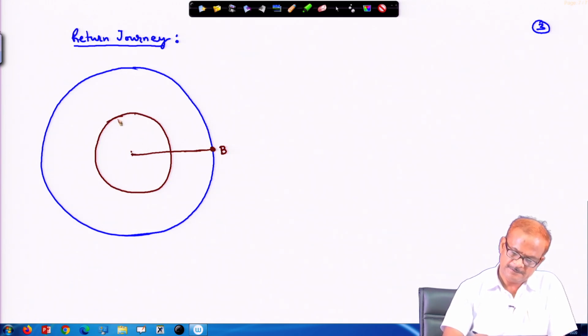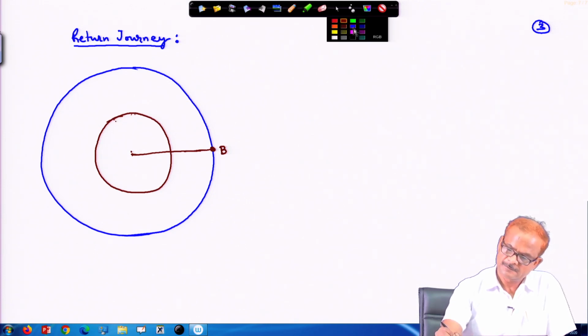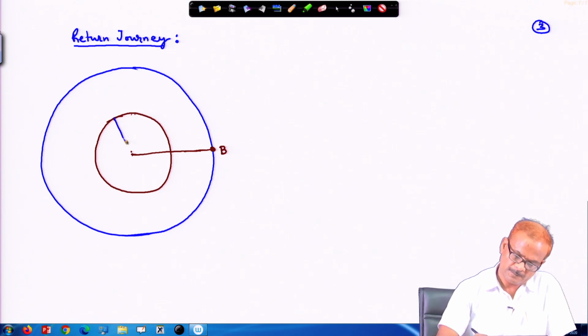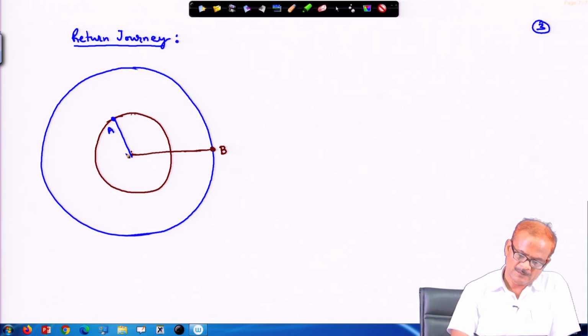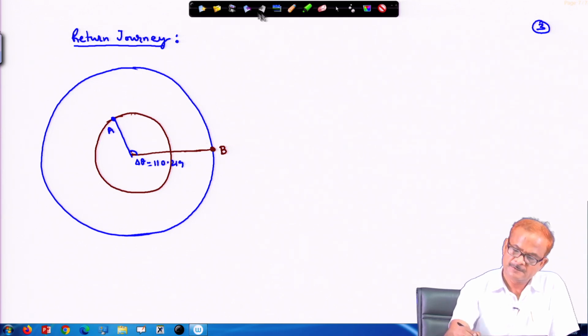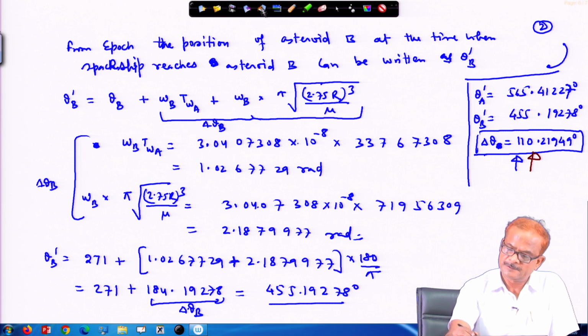So, 90 and then 110, 90 and 20 degree more. So, A is somewhere located here. A is located here in this place. And this is known to us, which is delta theta we have written equal to 110.21949 degree.